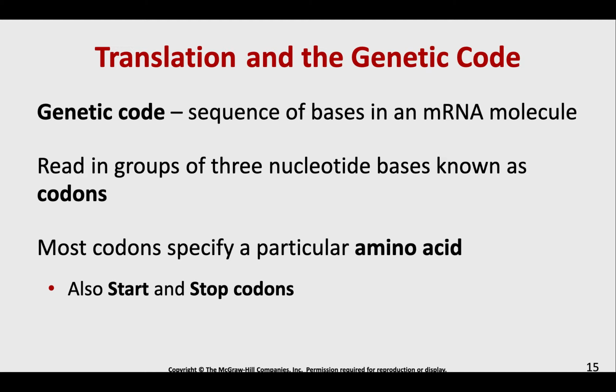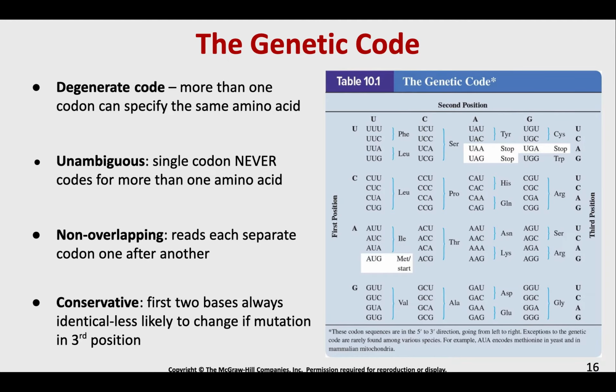So I'm not going to cover it now, but know that each group of 3 nucleotides, a codon, specifies a specific amino acid. Now they're also going to specify start and a few stop codons. There's some commonality among these codons. They are all degenerate, meaning that more than one codon can specify the same amino acid.